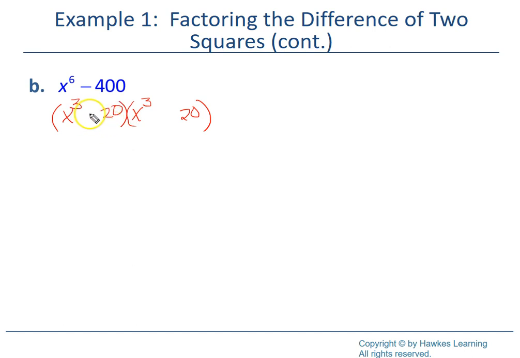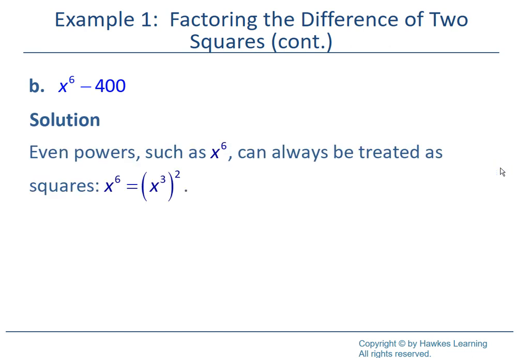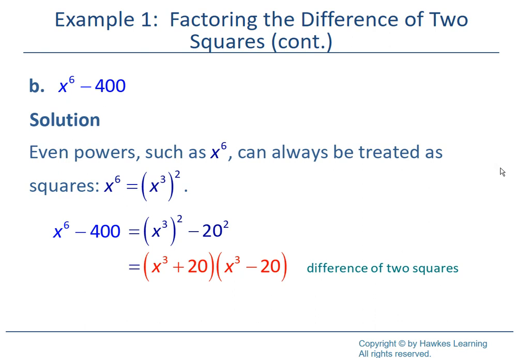Now you could put the negative sign here. I tend to put the positive one here and the negative there, but they could be reversed because these are the same. Remember, this is defined as the product of the sum and difference of the same terms. And they're putting the plus. I like that.